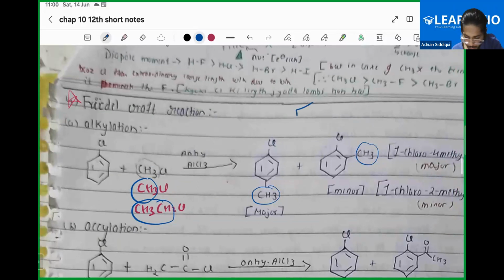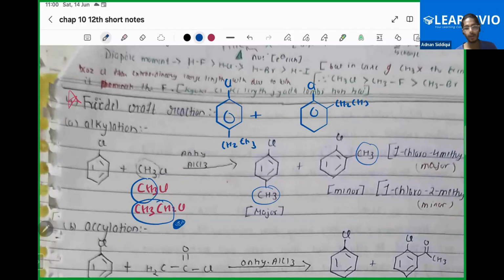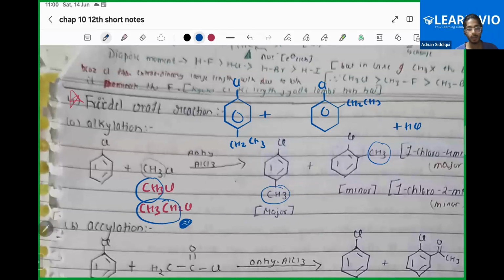For example, if you have chlorobenzene with CH2CH3Cl, you get the ortho plus para products. The alkyl part will be attached to the ring, and the Cl will be eliminated in the form of HCl. How?